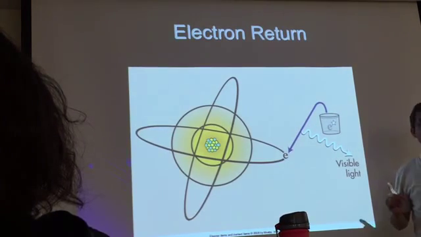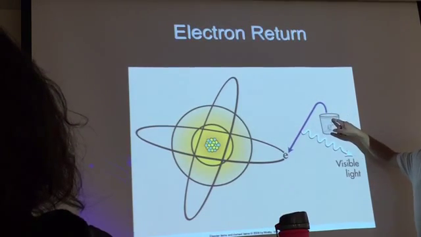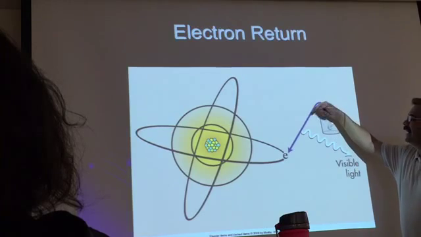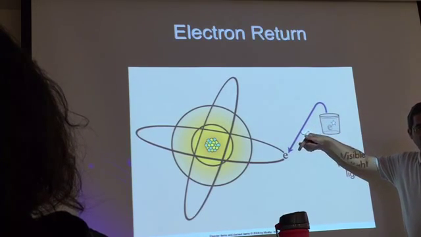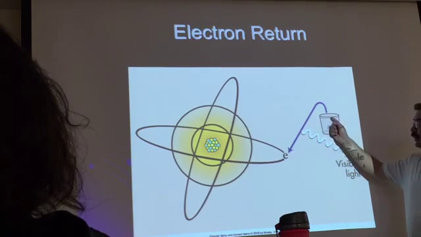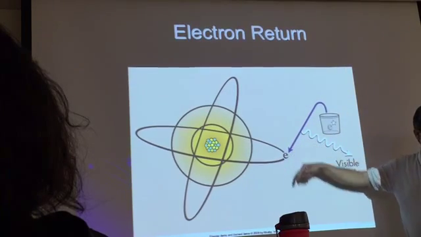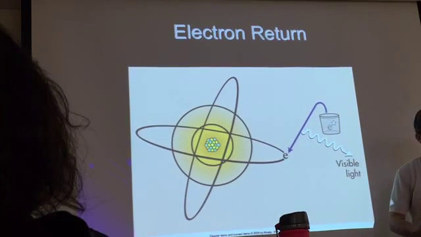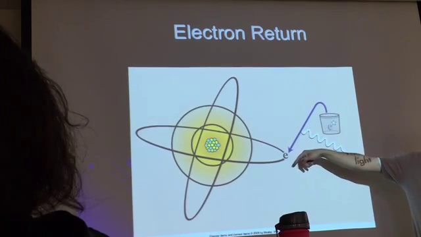Emitting light. Okay, but remember, for this electron in a higher state to come back down, what does it need to happen? It will release energy, but you also have to do something to excite it, to encourage it to come back down.